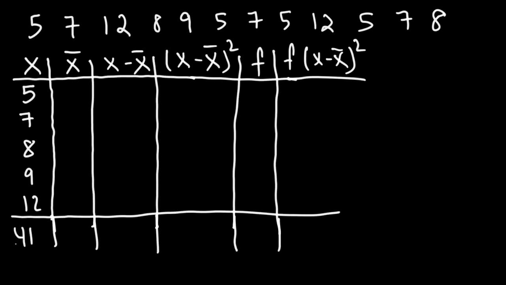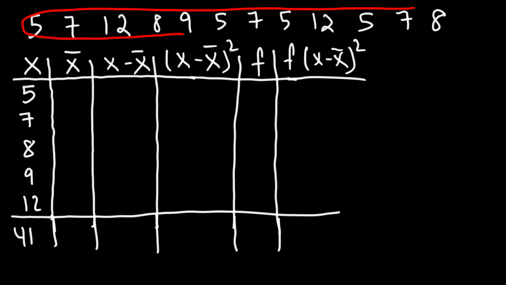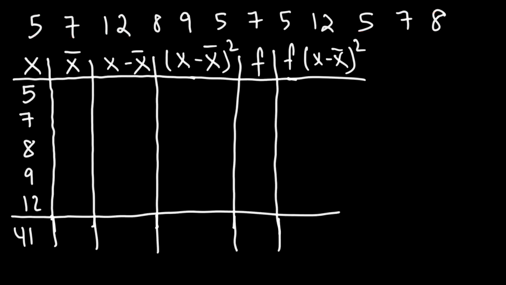That's 41. But this is not the sum of these data values because some of these numbers repeat. And so we need to incorporate the frequency. So what is the frequency for the first number, 5? Notice that we have 4 of that number. There's 4 5s in the list. So the frequency is 4.